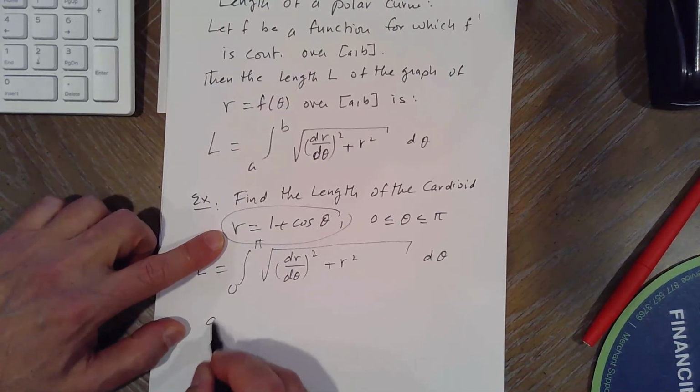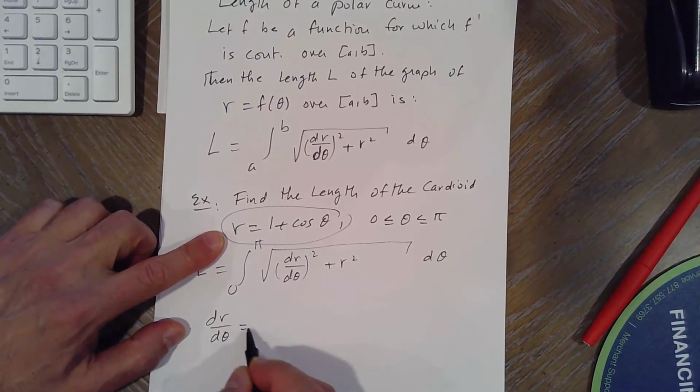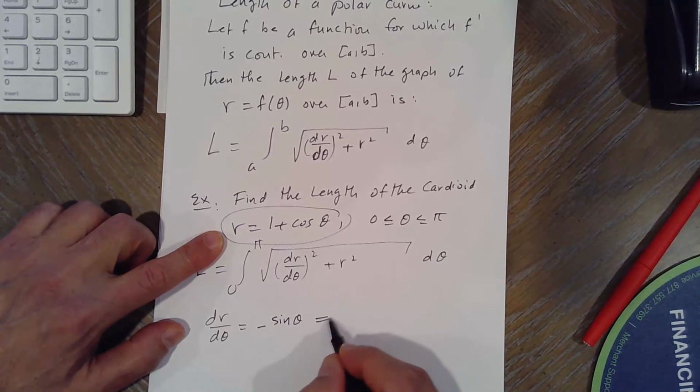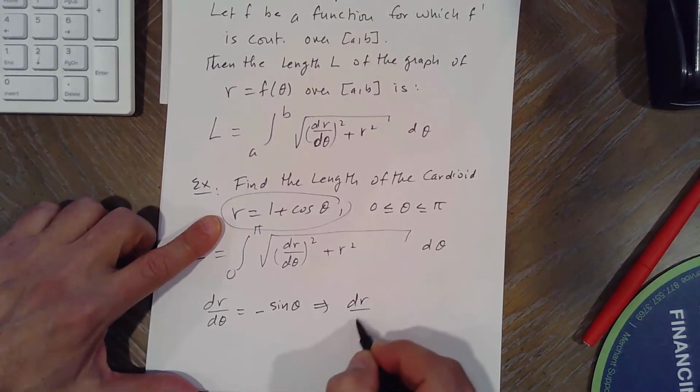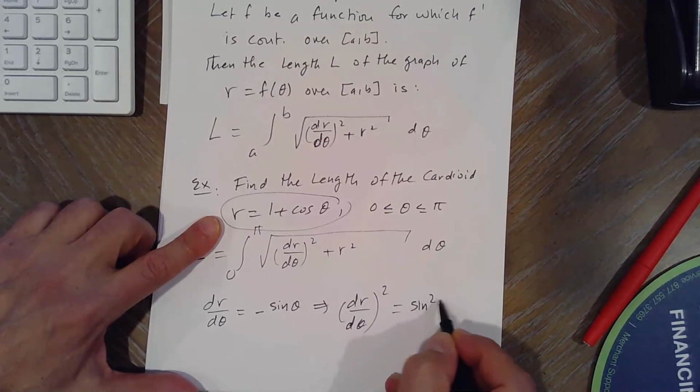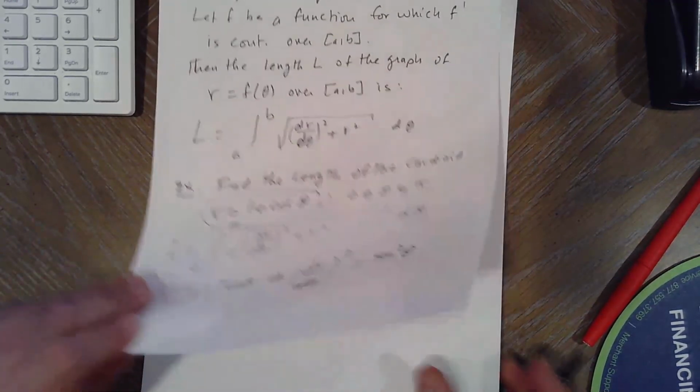We're going to do dr by d theta, which is, derivative of 1 is 0, derivative of cosine is negative sine. We're going to square it. Dr by d theta squared equals sine squared. We're going to add this to r squared.